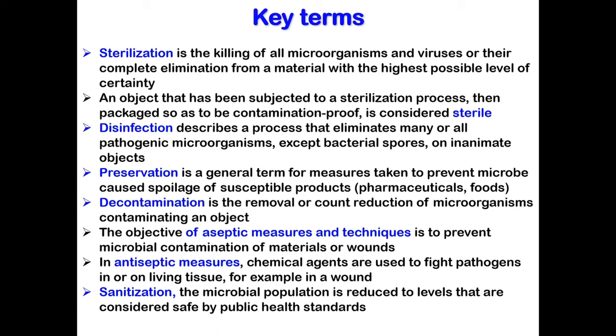This leads us to antisepsis. So antiseptics can sometimes be called skin disinfectants. So these are the chemical agents that are applied to skin or living tissue to slow or stop the growth of microorganisms. Examples are antiseptic creams or liquids that you apply to cuts, such as Germaline or TCP liquid.